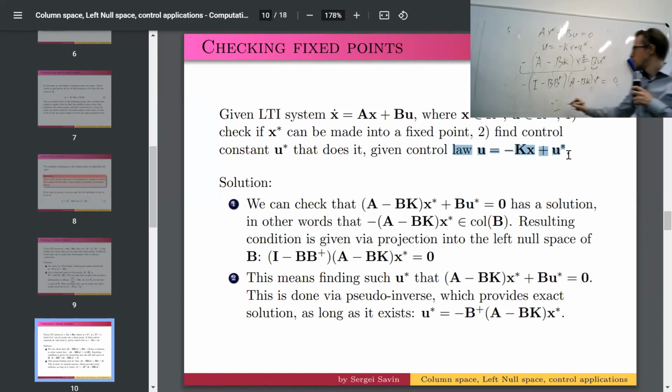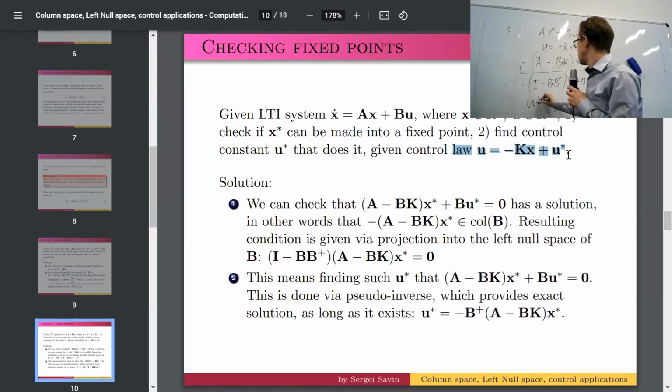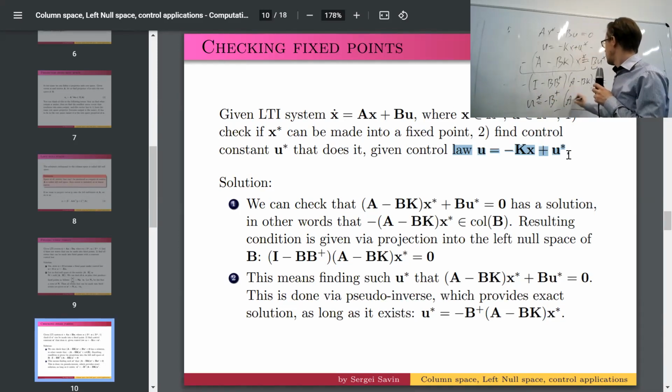Well, as usual, u star is equal to minus B pseudo-inverse times (A minus BK) times x star. Why do we even need to look at this condition? Couldn't we solve it just like this? What is the value of checking this?